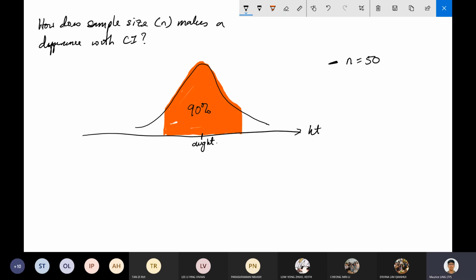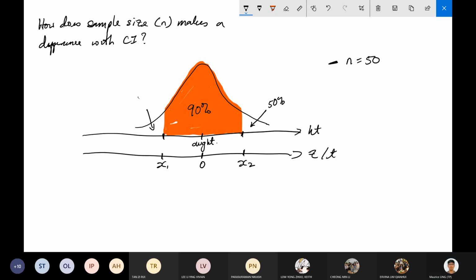Now, what I need is, I have to convert this into, let's say, a z-axis. A z-axis, or even if I do a t-axis, it doesn't make a difference. I will have to find out what is the corresponding value for these two points, x1 and x2, based on each side having only 5% area.